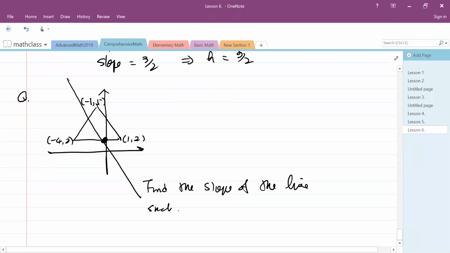Such that it divides the triangle into two parts of equal area.